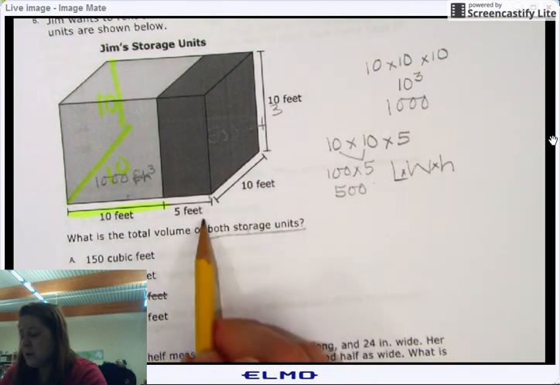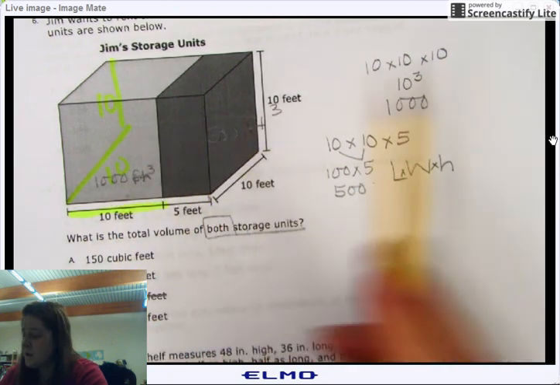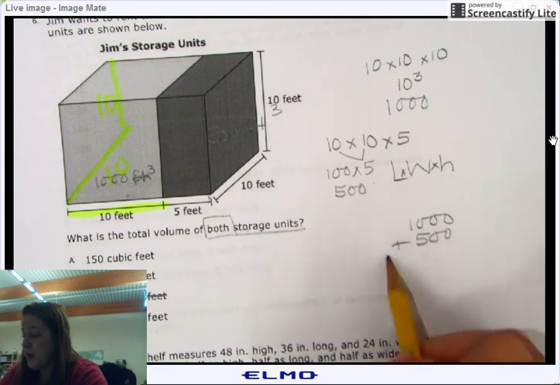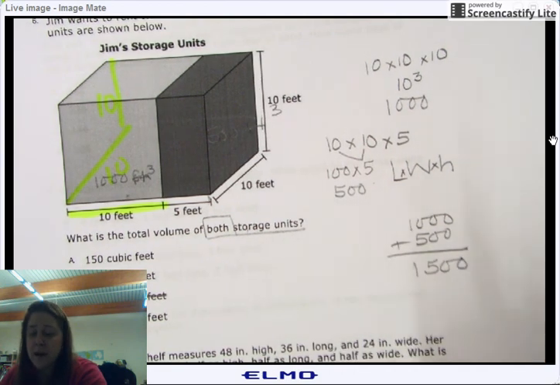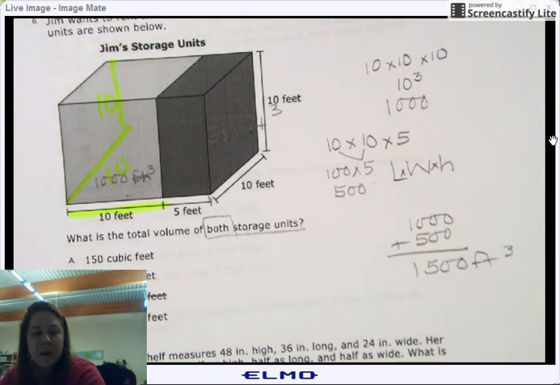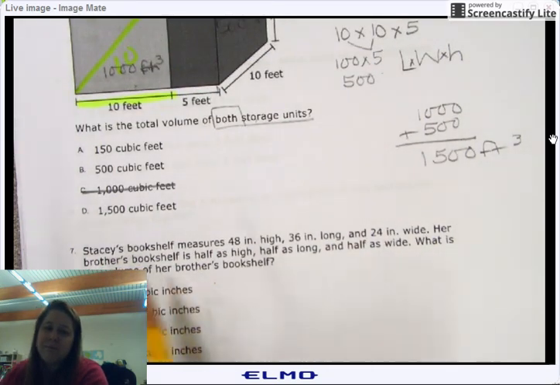But it wants both of the storage units. So I'm going to take the 1,000 and add it to the 500. And I'm going to get a total of 1,500 feet cubed. So when I look at that, my answer should be D.